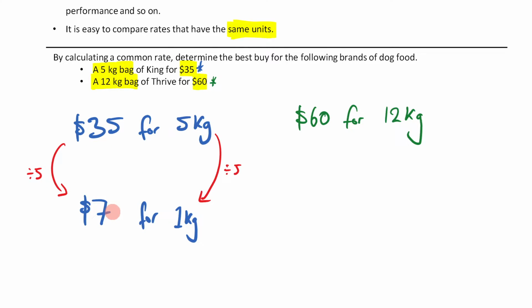Then over here I want to divide by 12. 12 divided by 12 is 1, so this will be 1 kilo, and 60 divided by 12 is $5. So $5 for 1 kilo.